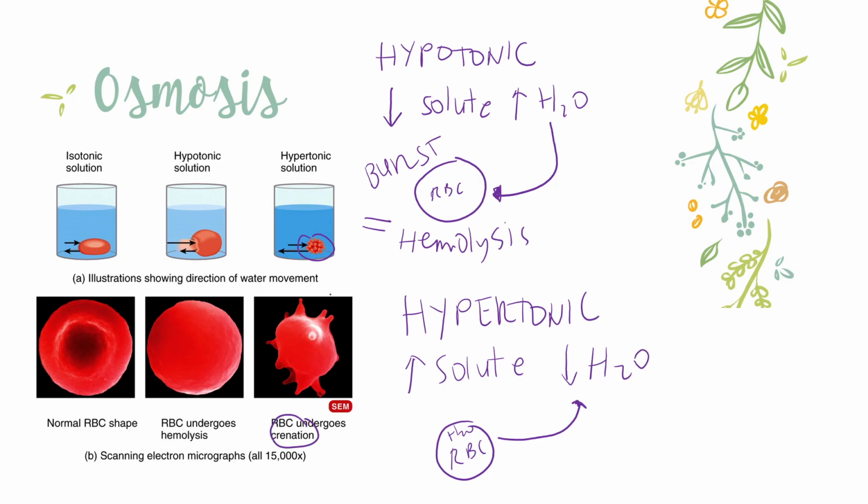So that is the difference between hypo and hyper. That is the reason why it will swell or shrink. It is really because of the level of water inside and outside, wanting to reach an equilibrium.